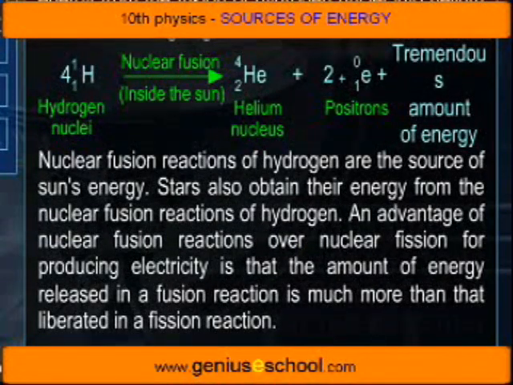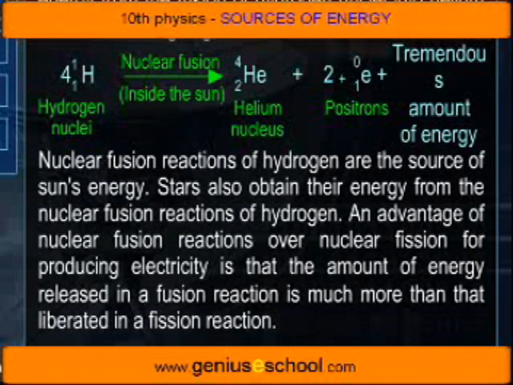In the sun, four hydrogen nuclei fuse to give rise to one helium nucleus and 2 positrons plus a tremendous amount of energy. Nuclear fusion reactions of hydrogen are the source of sun's energy. Stars also obtain their energy from the nuclear fusion reactions of hydrogen.